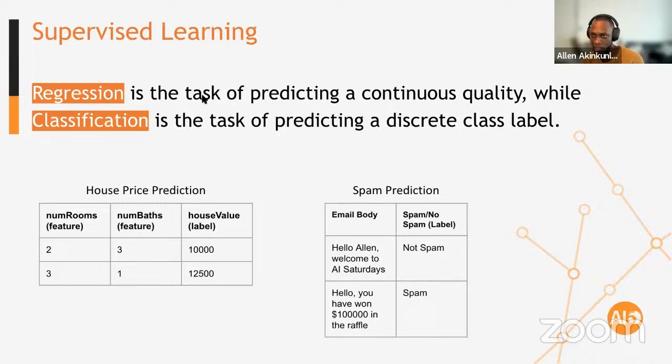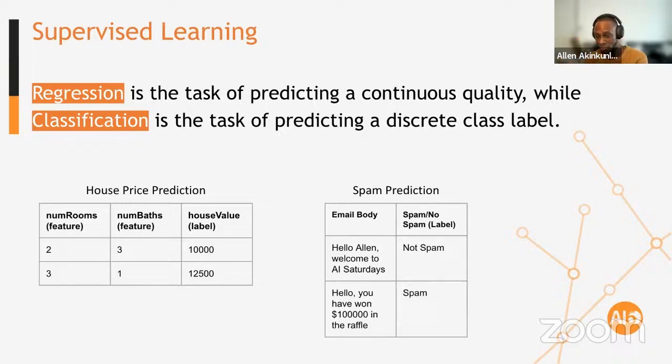In regression, what you're trying to predict, your label, is numeric. It's a continuous quantity, a numeric value like this, because what you're trying to predict is a number. In classification, you are trying to predict a discrete label, something that is not numeric, like categories.